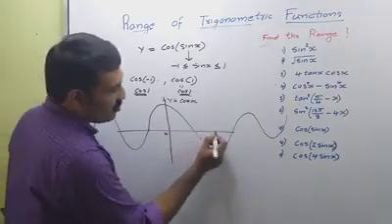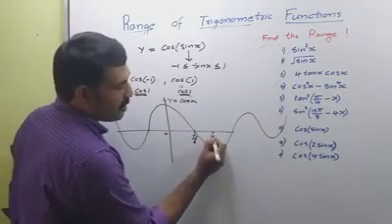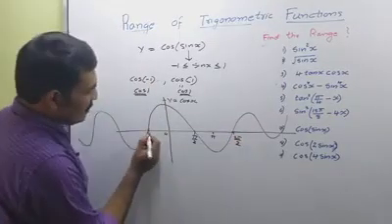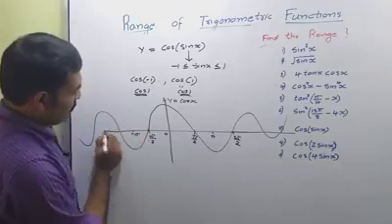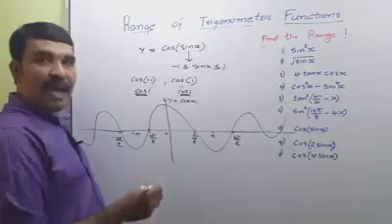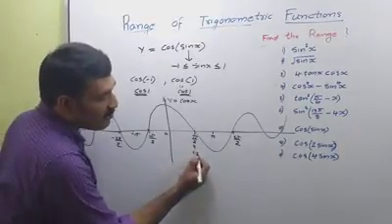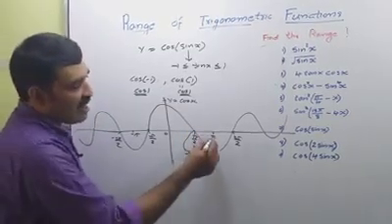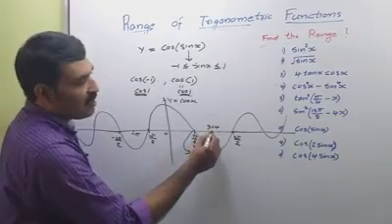0, pi by 2, pi, 3 pi by 2. This is again minus pi by 2, minus pi, minus 3 pi by 2, and so on. The value of pi by 2 is approximately 1.57. The value of pi is 3.14.